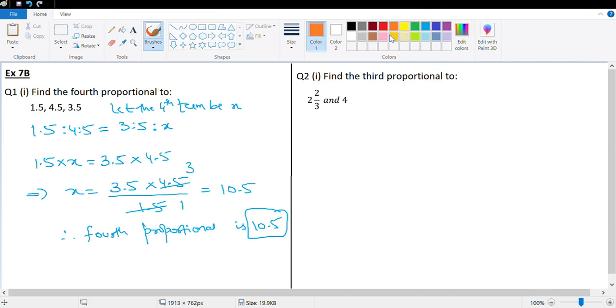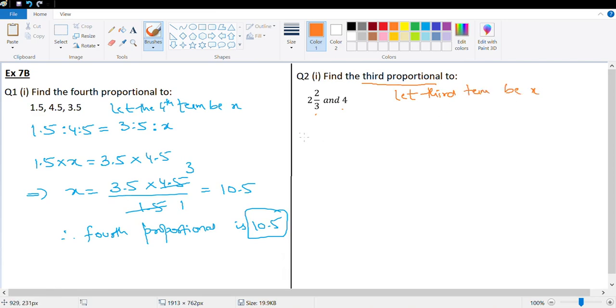Let's look at the next one. It says find the third proportional, which means we're looking at 3 terms, and this is the first term, this is the second term, the third term is missing that we need to figure out. So let the third term or third proportional be x.